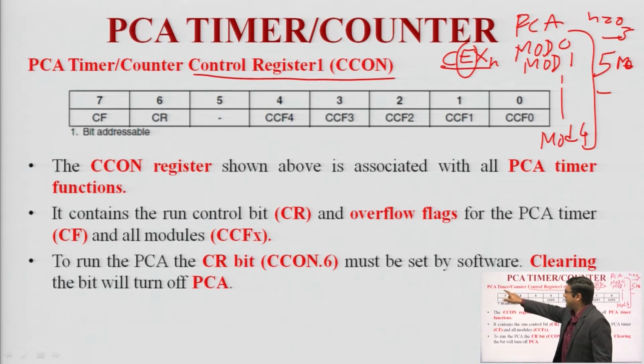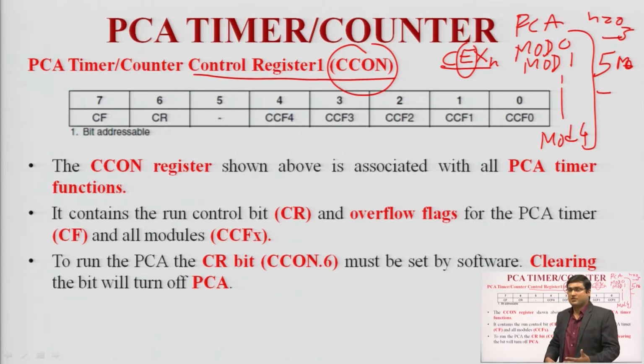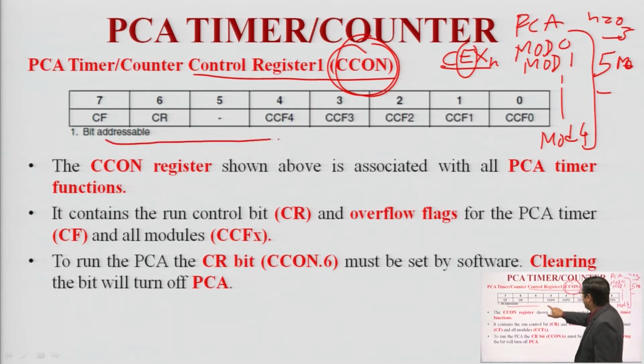Now, let us start with the PCA timer counter control register. Basically, this register is used to control the timing operations, to control the activities of the PCA timer. During functional operation of the PCA timer, we need to store data. So, this register is used to control the functions, and the particular values are stored in this register. This is an 8-bit register.